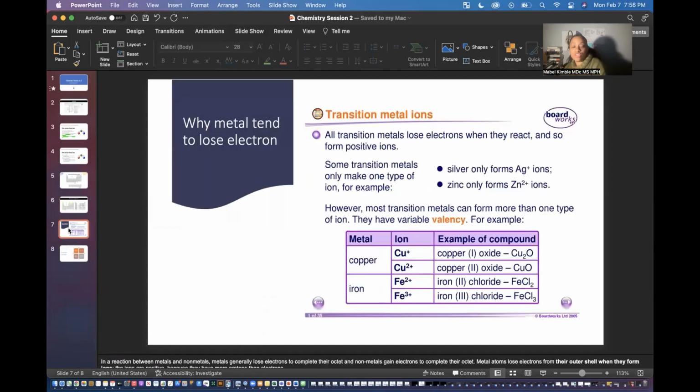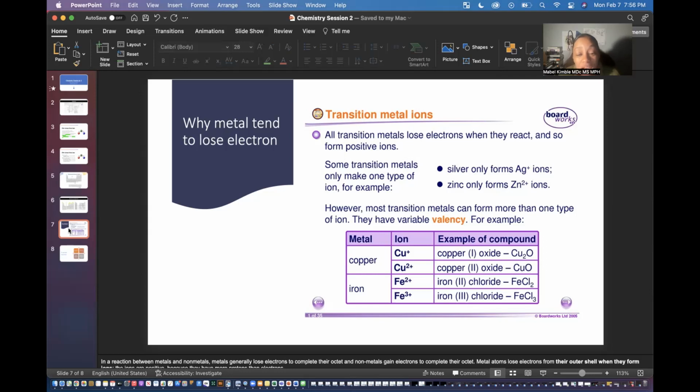All right. So now we're going to talk about why metals tend to lose electrons. The reason is that all transition metals lose electrons when they react and so form positive ions. One thing you have to know about these transition metals is that they're going to have positive ions, which means what?